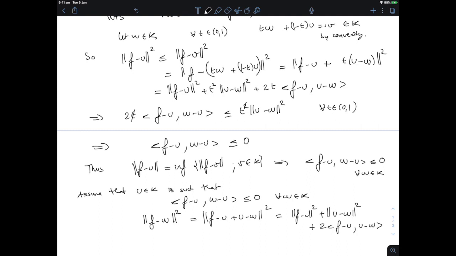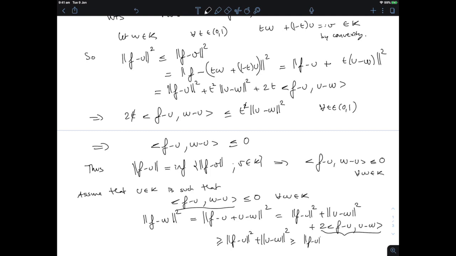Now this is minus the inner product I've got there, so it has to be greater or equal to 0. So this entire thing has to be greater or equal than the norm of f minus u squared plus something which may or may not be 0.